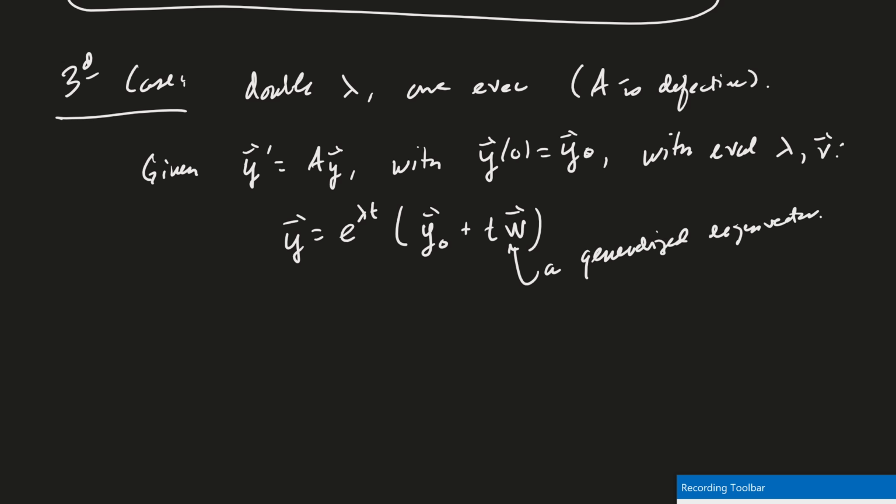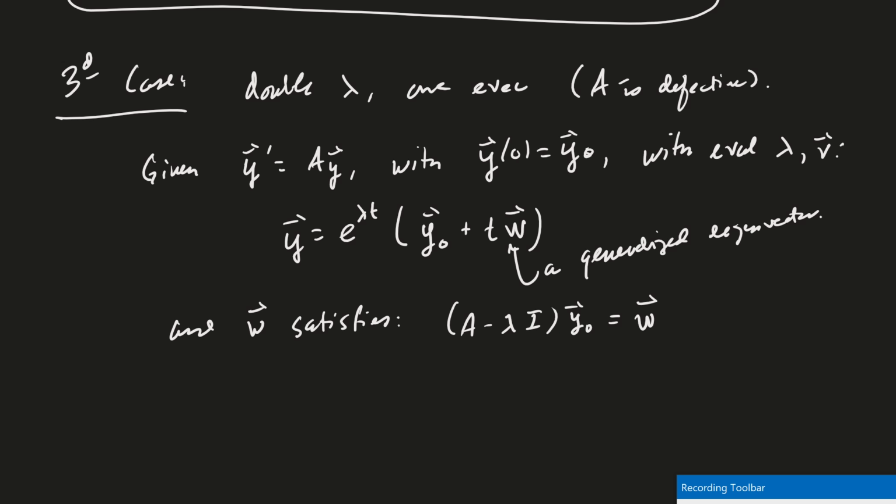This is kind of a weird way to do this, but it works pretty slick. We have to define our w now, and w satisfies A minus lambda I times y0 equals w.